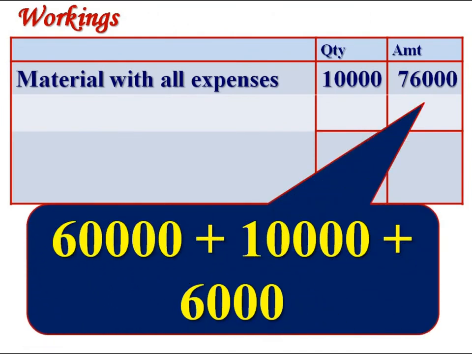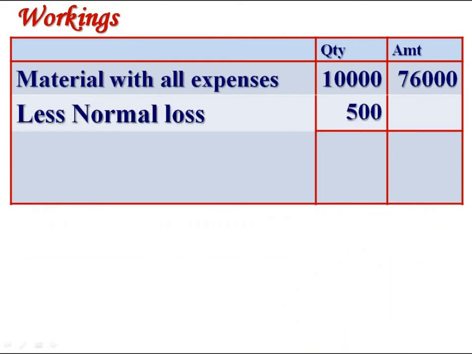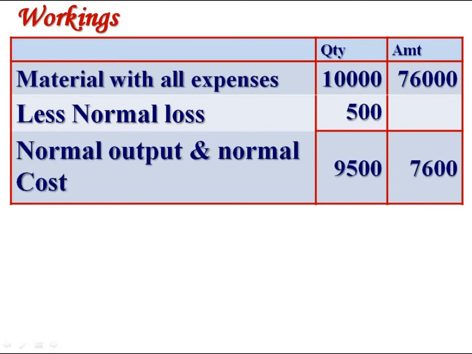Material with all expenses 10,000 units, 76,000. Deduct normal loss 500. Then we get normal output 9,500 units and normal cost 76,000.